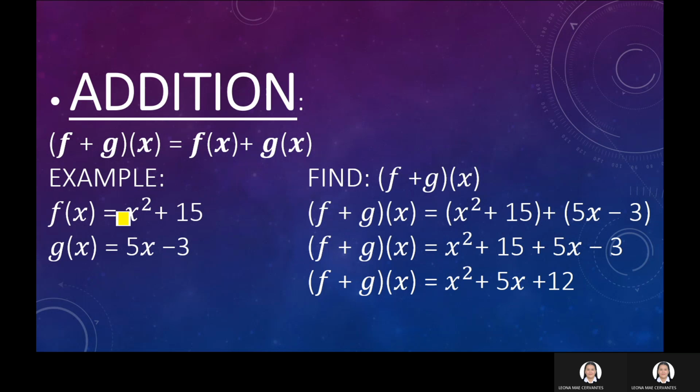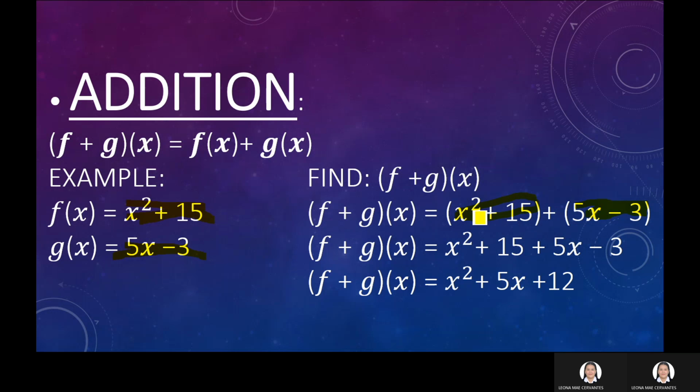Now, if the value of f of x is x squared plus 15, and the value of g of x is 5x minus 3, then f plus g of x is equal to x squared plus 15, the value of f of x, and the value of g of x is 5x minus 3. Okay?